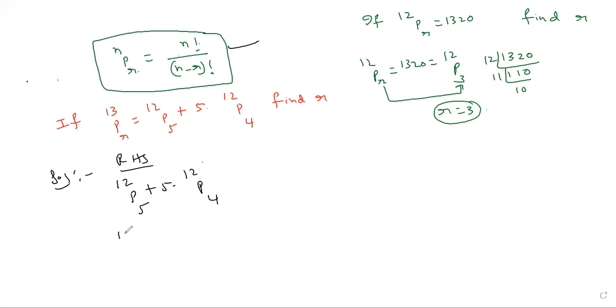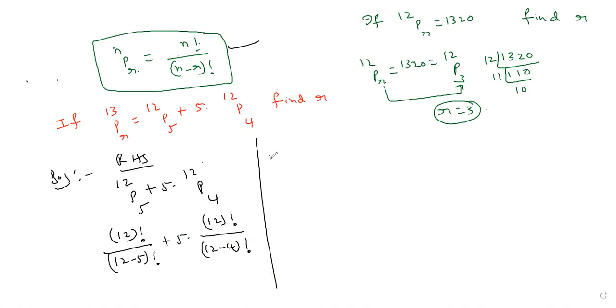Here 12P5 is 12 factorial by 12 minus 5 factorial, plus 5 into 12P4, which can be written as 12 factorial by 12 minus 4 factorial. So you get 12 factorial by 12 minus 5, which is 7 factorial, plus 5 into 12 factorial by 12 minus 4, which is 8 factorial.